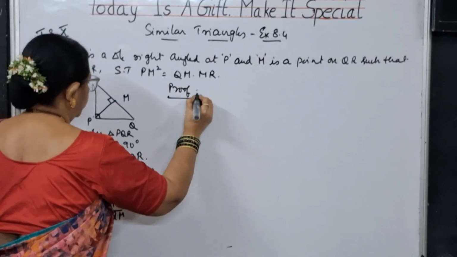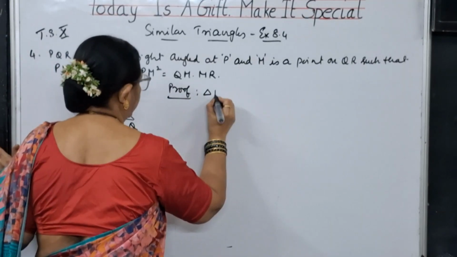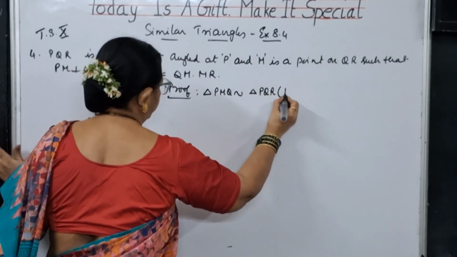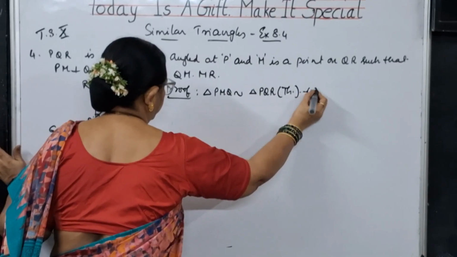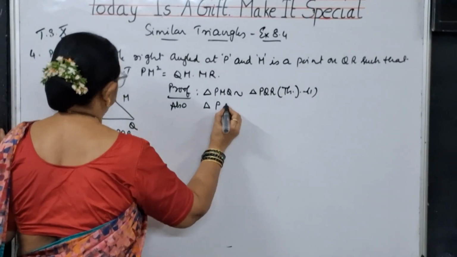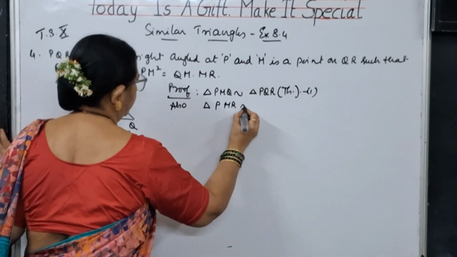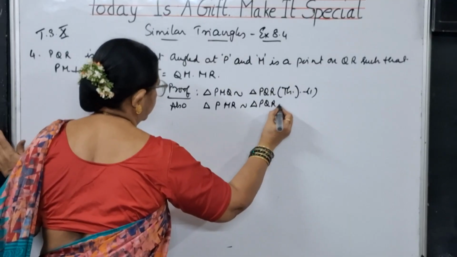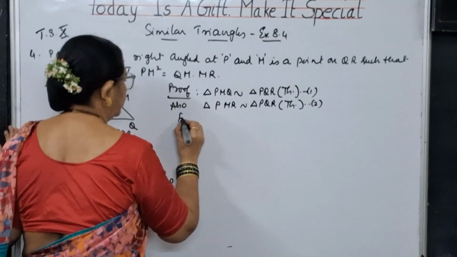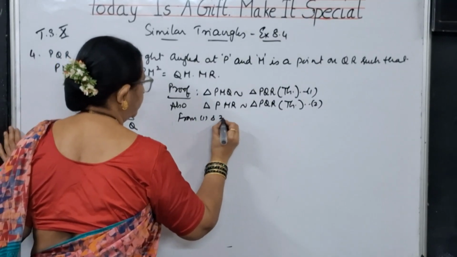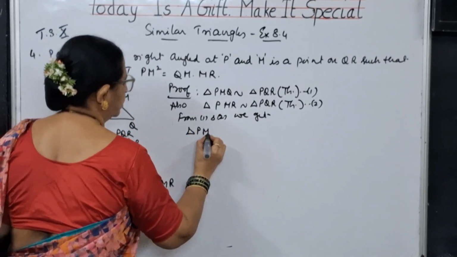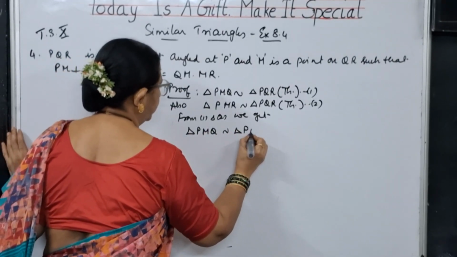Proof is, we know that triangle PMQ is similar to triangle PQR, which you have learnt by a theorem. This is first one. Also, triangle PMR is similar to triangle PQR. This is also basing on the theorem which we have learnt. This is second one. From 1 and 2, we get triangle PMQ is similar to triangle PMR.